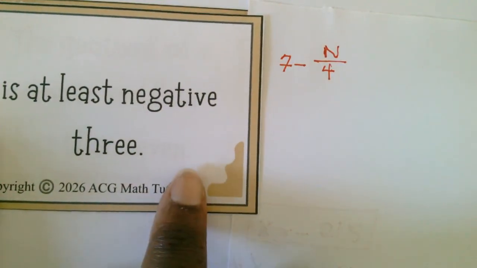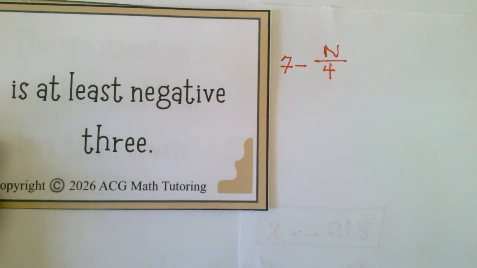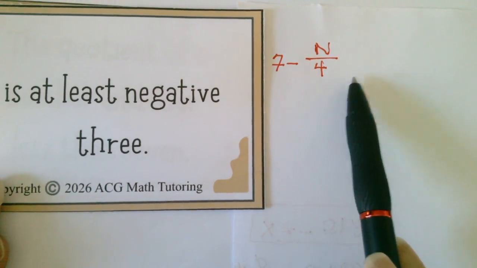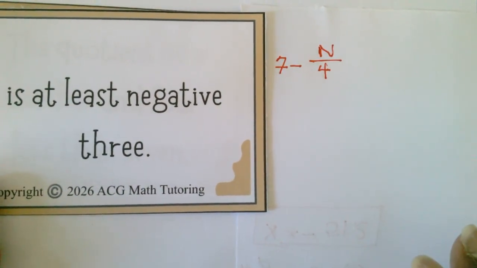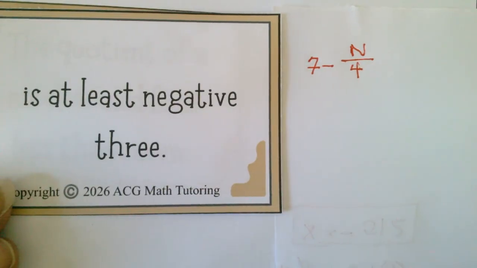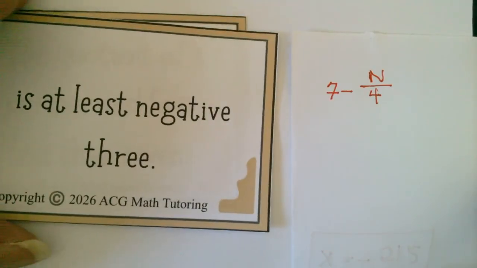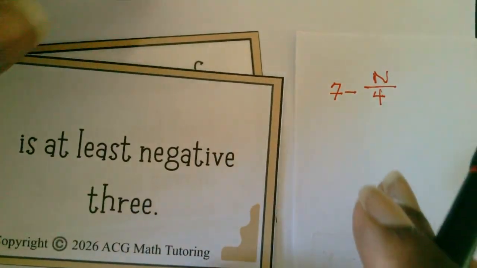Okay, is at least -3. Is at least -3. So this I'm going to add on to what we have. How would I write that?